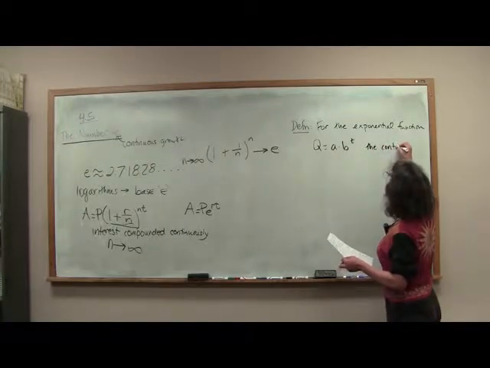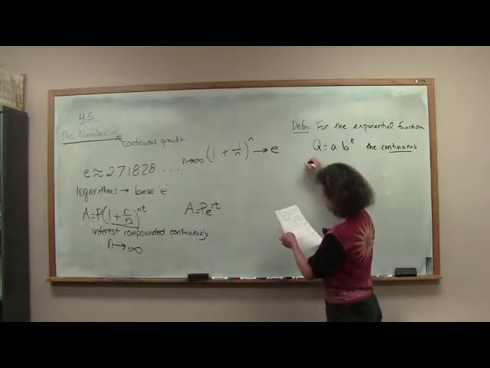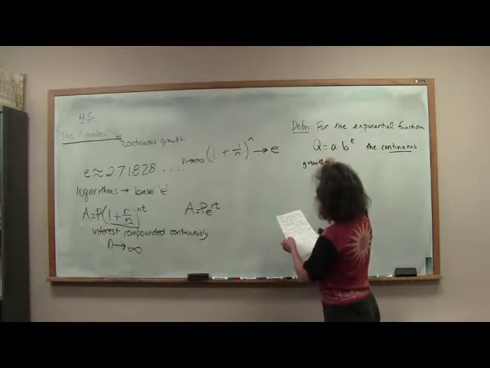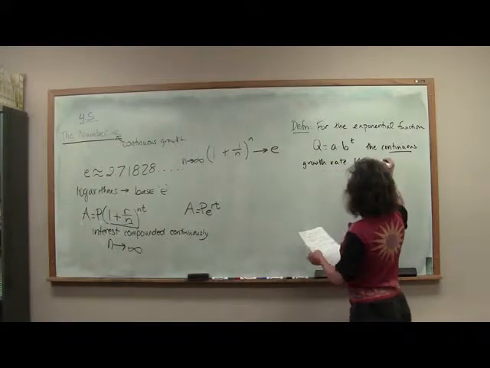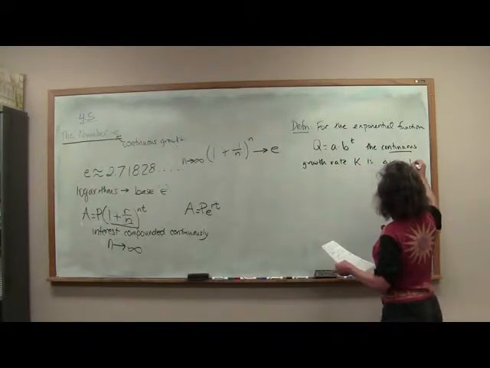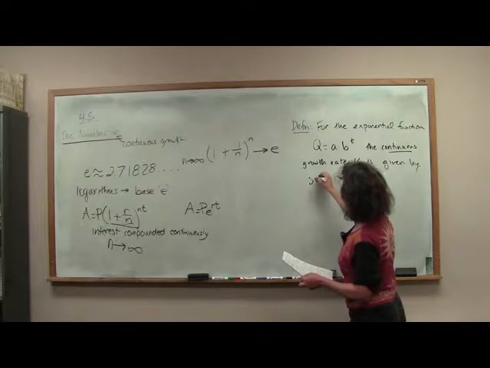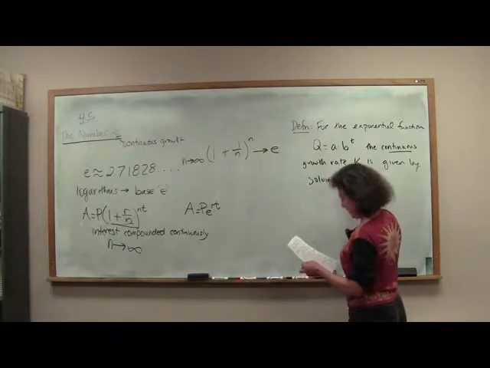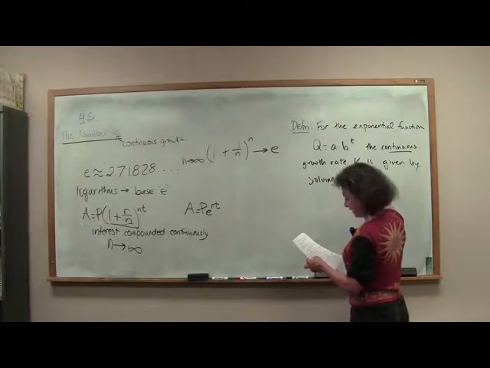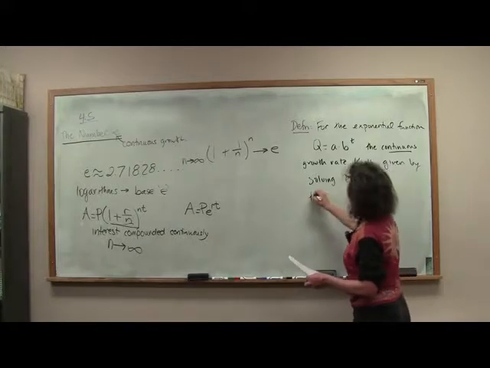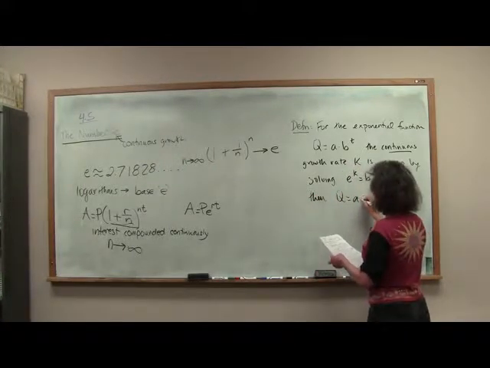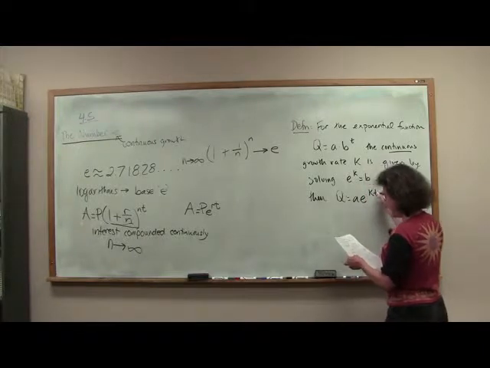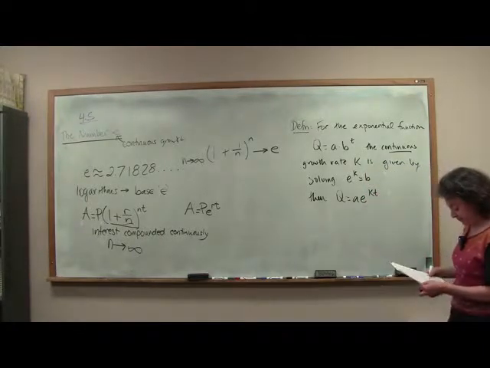The continuous growth rate, that's a key word, K, is given by solving e to the k equals b. Then what we get is Q is A e to the kt. Okay?